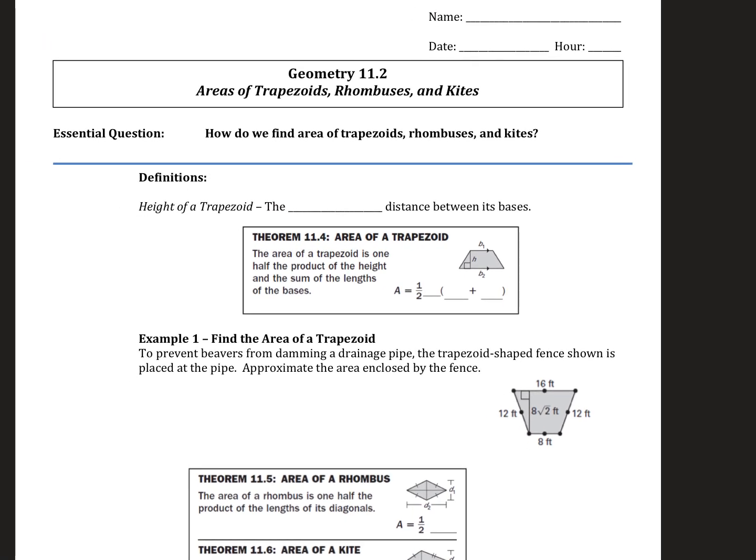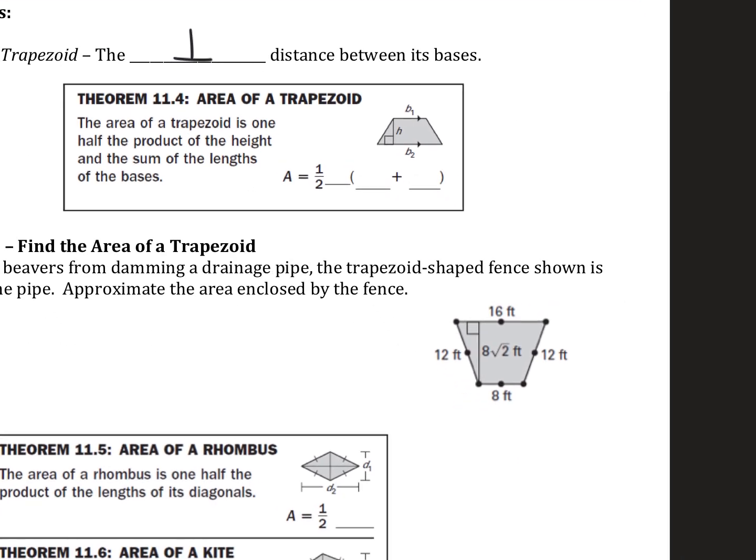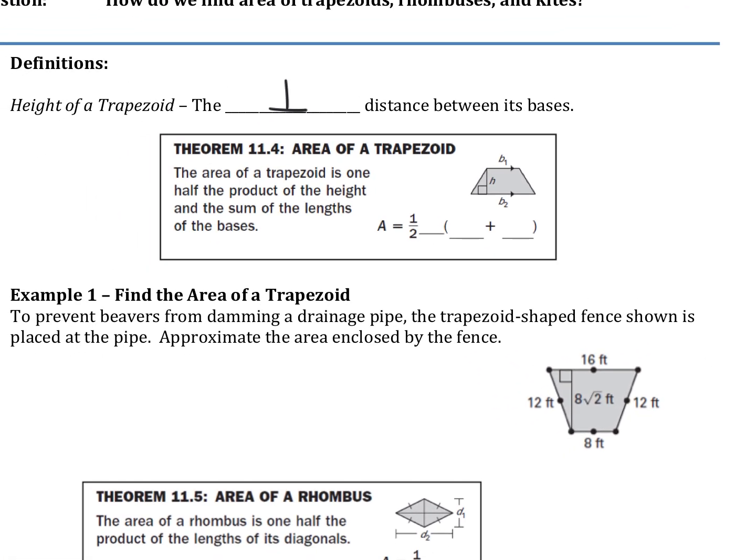The height of a trapezoid is the perpendicular distance between its bases. The area of a trapezoid is kind of hard to remember, but this is what it is: the area equals 1/2 the height times base 1 plus base 2.